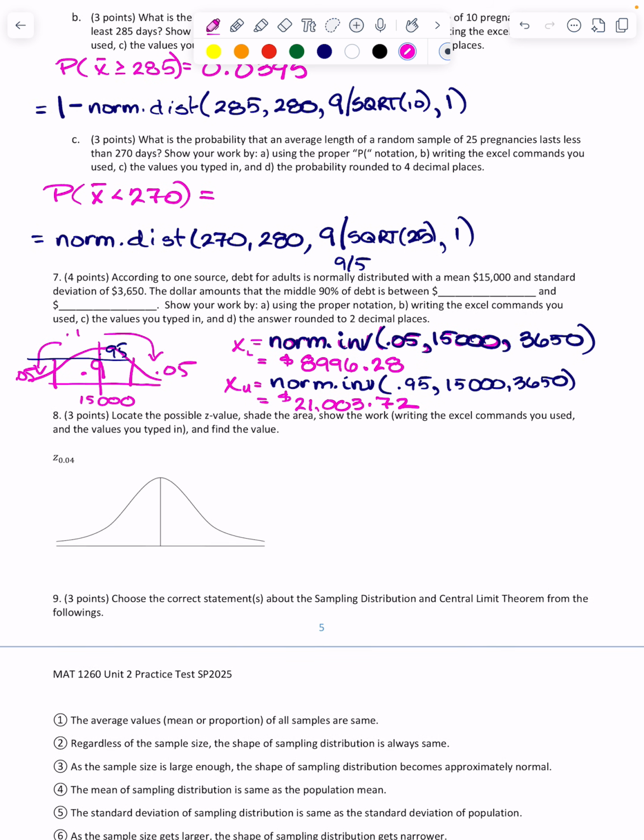8, and this is one of the things that the book does a little differently. When it wants a z of 0.04, we are cutting off the top 0.04. So this means the z we're looking for, norm.s.inverse, we're looking for a z-score, so the s is for our standardized distribution.